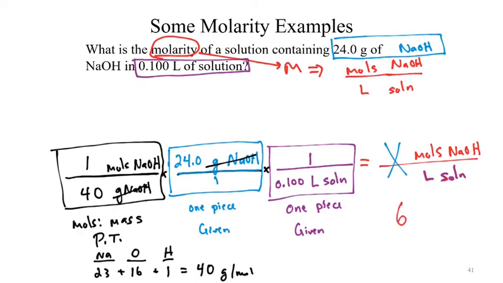We could call this 6 moles of sodium hydroxide per liter, or we could write it as 6 capital M. Just to be extra irritating, because that's just the way life rolls, we should evaluate sig figs. When we look at our given information, we're supposed to be reporting to 3 sig figs, so 6 molar is technically wrong, and it should be written as 6.00 capital M sodium hydroxide.